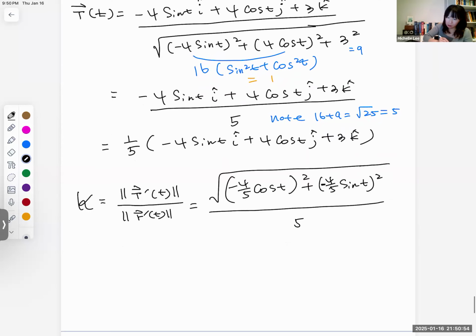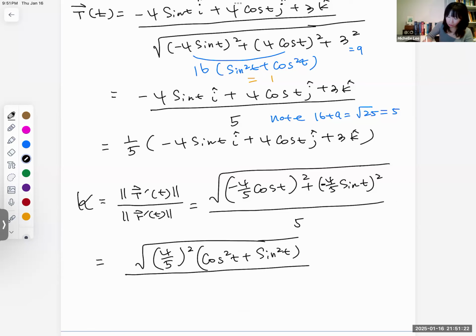So numerator we have square root of 4 over 5 squared, cosine squared plus sine squared, over 5, which is 4 over 5 over 5.